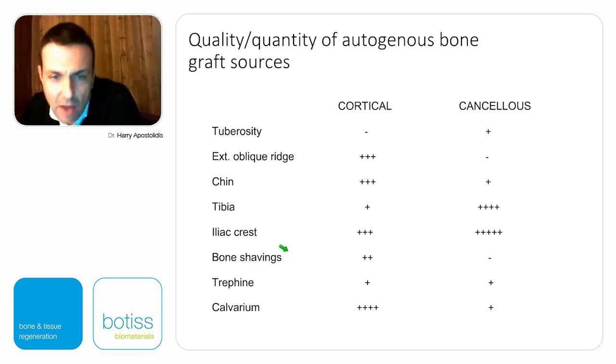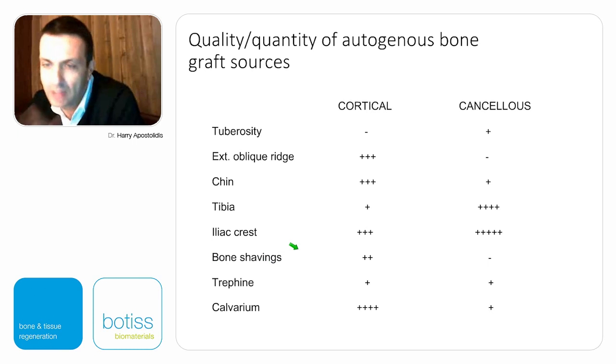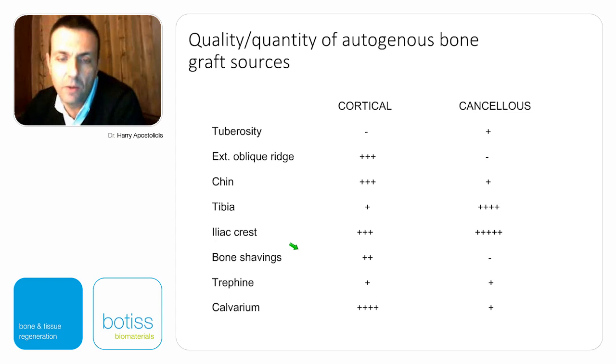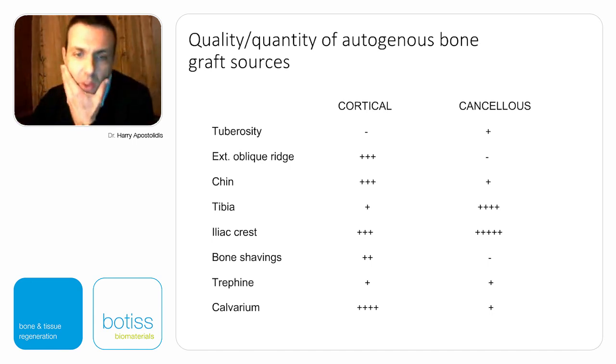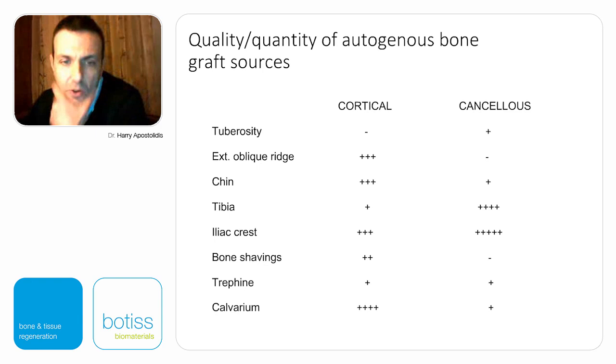I mean, the allograft materials that are out there on the market right now, many of them say that they are osteoinductive, but really very few of them are. But it's easy to take bone shavings from your patient. It's going to take you maybe 10 more minutes from the same area where you work, and no more incisions. You're right there. It's better to take it from there, and you're going to have a better quality bone graft.